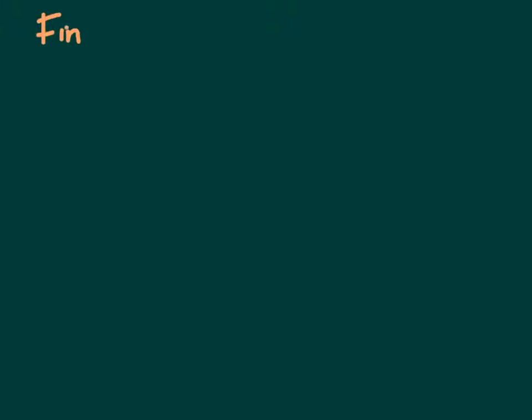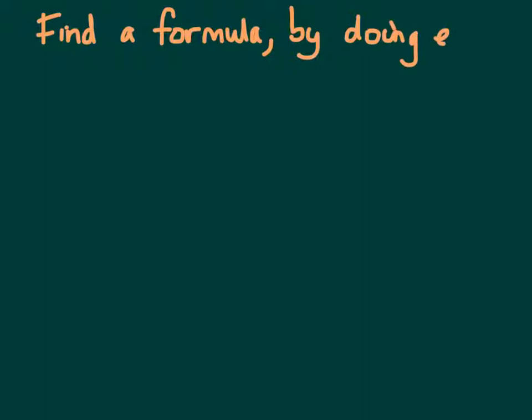What I want to do now is try to find a formula for finding the distance between 2 points by doing exactly the same as we've just done, but using algebra instead. This is an example of a mathematical proof.